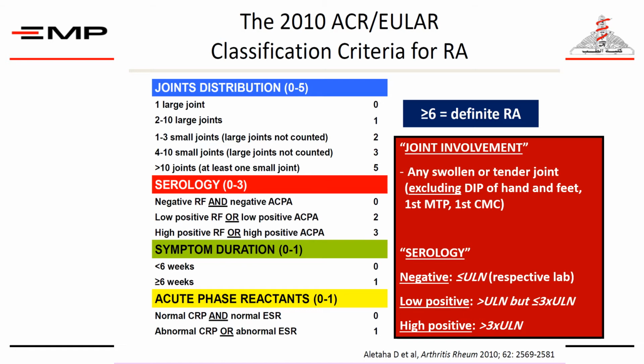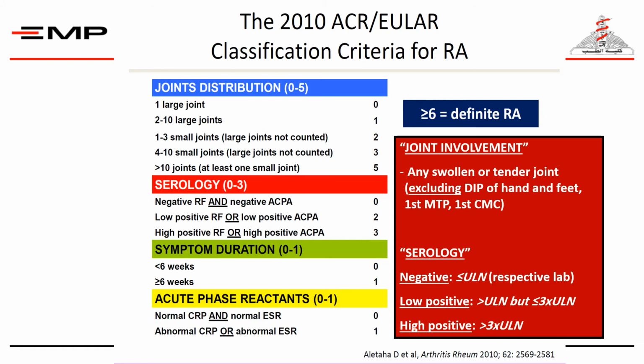Symptom duration, if the patient is complaining of these symptoms for less than 6 weeks, he will take 0. If he is complaining of these symptoms from 6 weeks and more, he will take 1 point. Acute phase reactants, if the CRP and ESR are normal, will take 0. If any abnormal levels of the CRP or ESR, you will take 1.